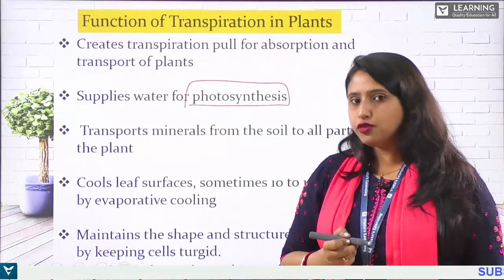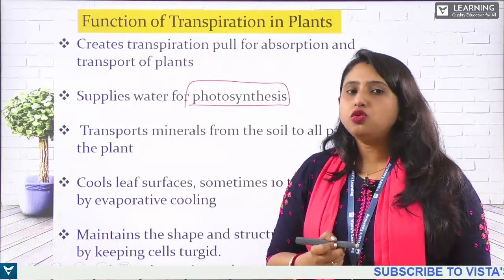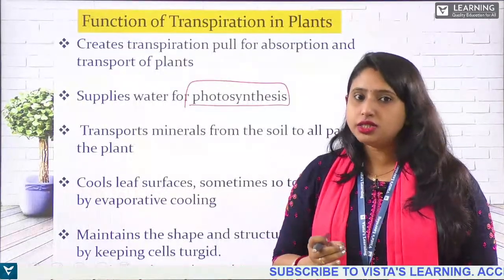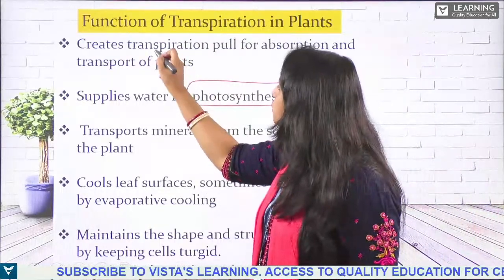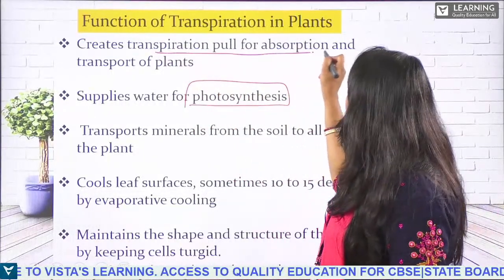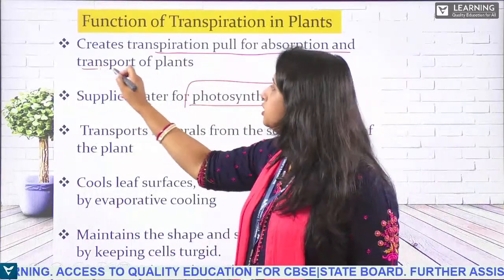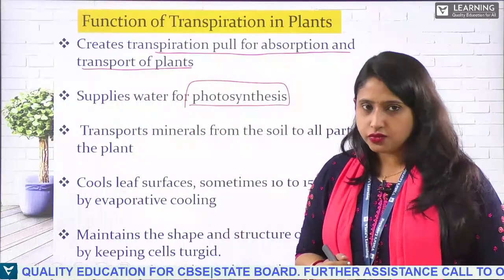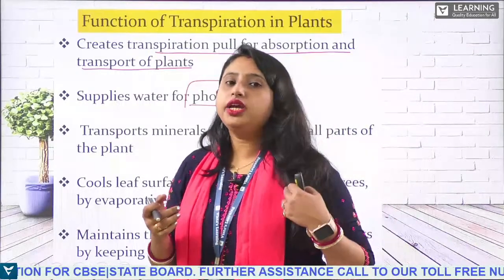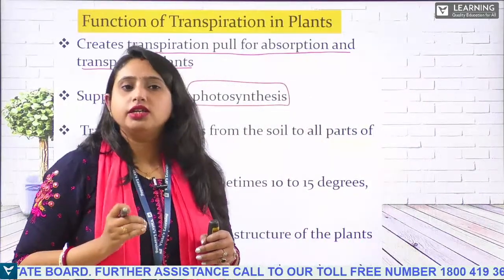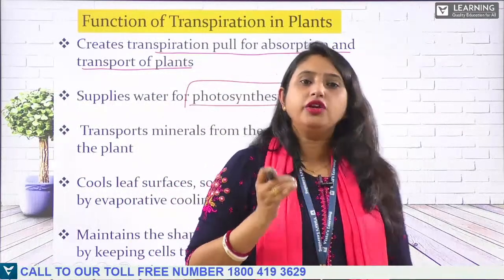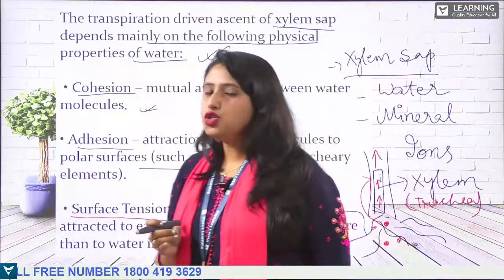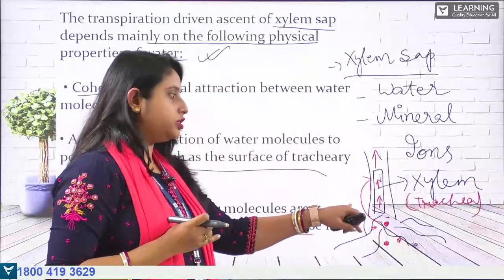You know that for the process of photosynthesis, water is also one of the essential elements, isn't it? So it supplies water. Next, it creates transpiration pull for the absorption and transport in plants. As we have seen in the previous topic, we have discussed transpiration pull.